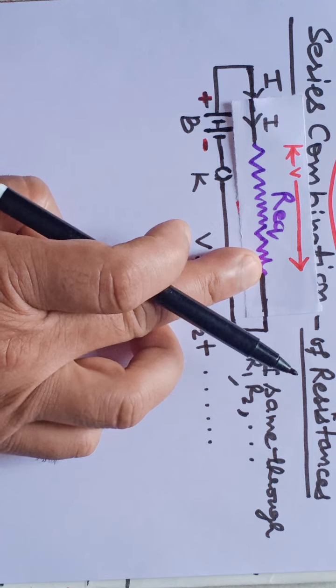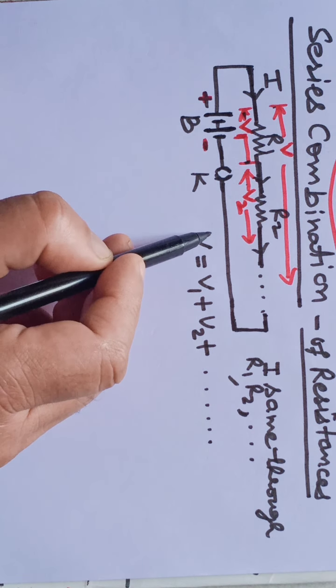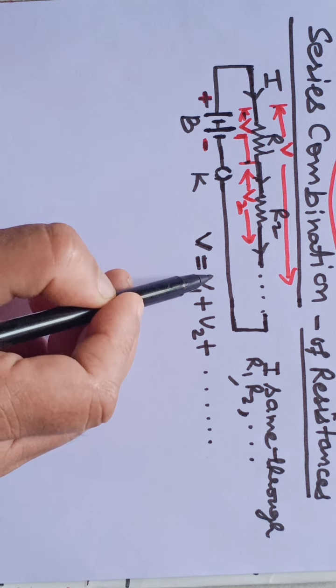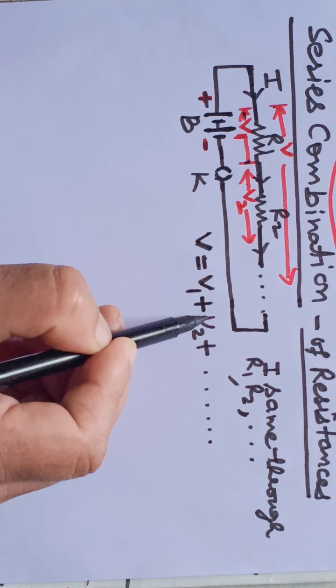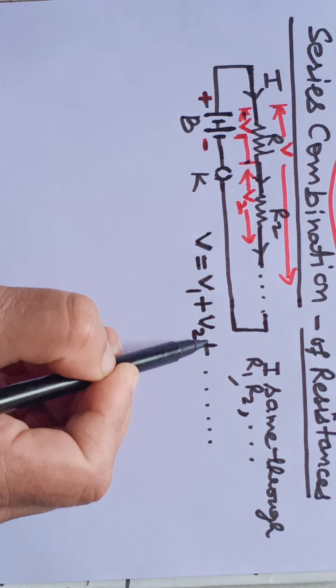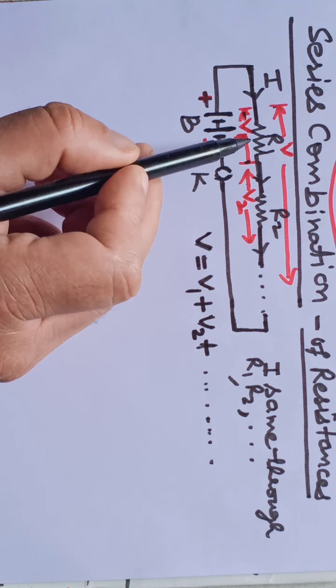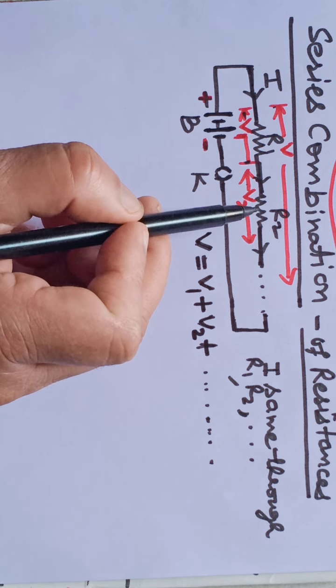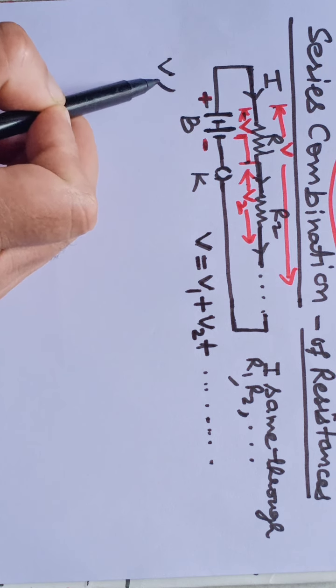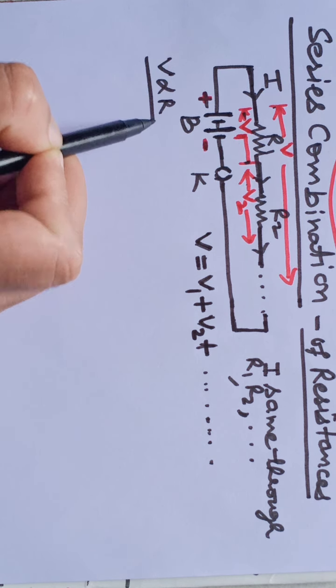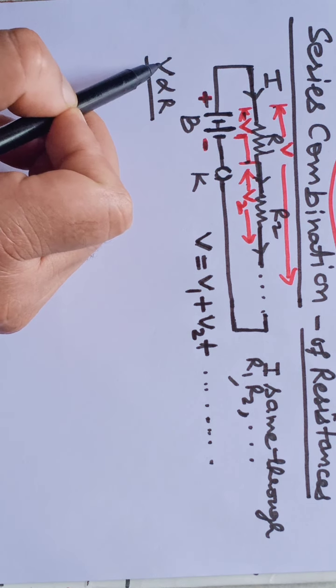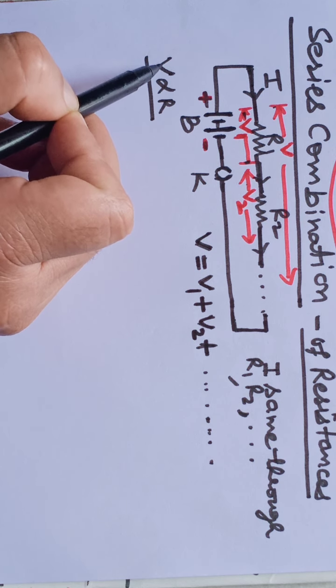For that, we will use this equation. V is equal to V1 plus V2 plus so on. The potential difference across these resistances will be directly proportional to the resistance. Greater is the resistance, more will be the potential difference across it.